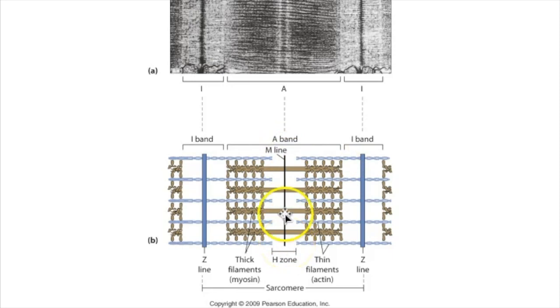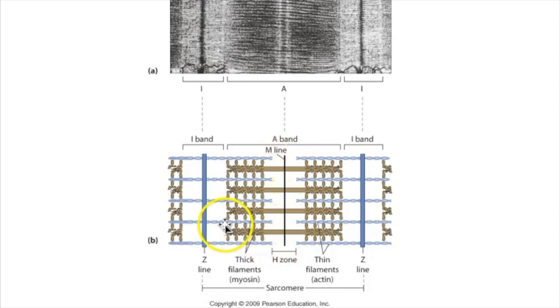The other thing we know is that there's a light band within the center of the A band. This is called the H zone. This is the place where we have myosin thick filaments, but this is the place where there are no heads present.